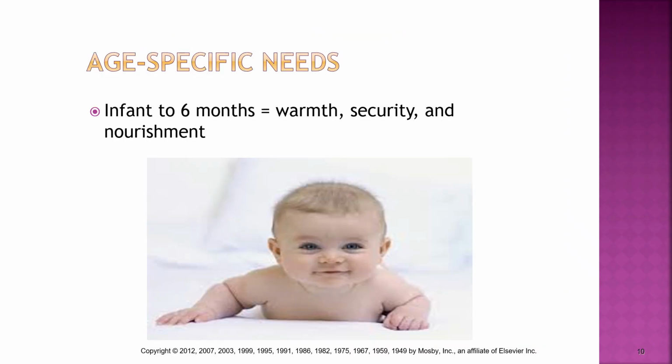All right. So, infant to 6 months. What do they really need? Well, are they crawling? Maybe, maybe not. The majority are not. They have figured out how to hold their head up while laying prone, clearly.